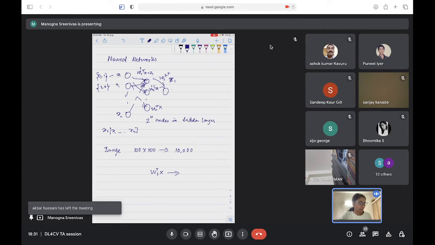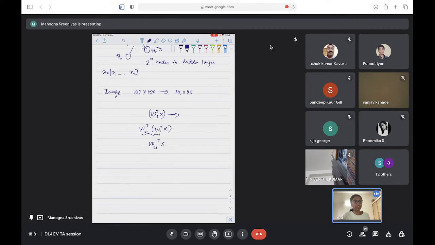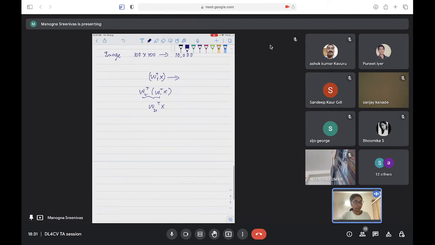Then I simply have another weight that will act over this, W2 transpose into W1 transpose X. But this is simply another matrix only. I can write it effectively as another W21 transpose X. So it's still a linear function. So the class of functions I am looking at is still linear. It doesn't matter how many layers, even if I include 100 layers, it's still a linear function. That means I'm not introducing anything more complex here, right?